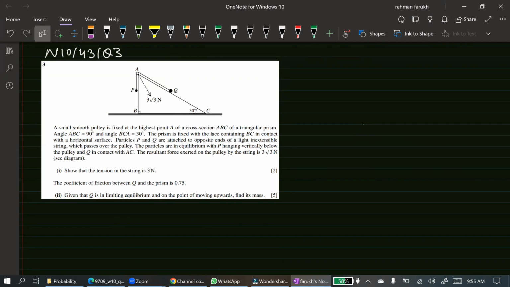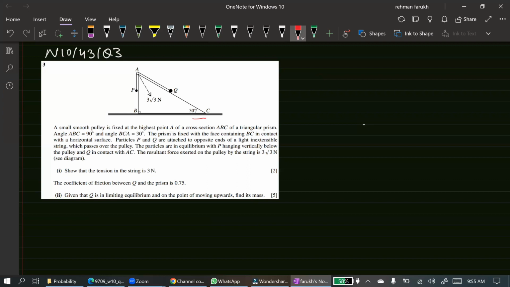A small smooth pulley is fixed at the highest point A of a cross section ABC of a triangular prism. Angle ABC is 90 and BCA is 30. The prism is fixed with the face containing BC in contact with the horizontal surface.